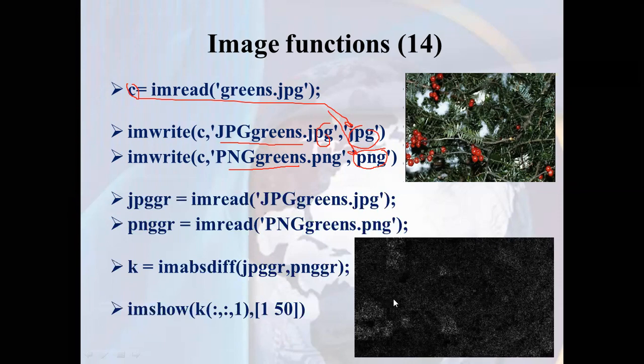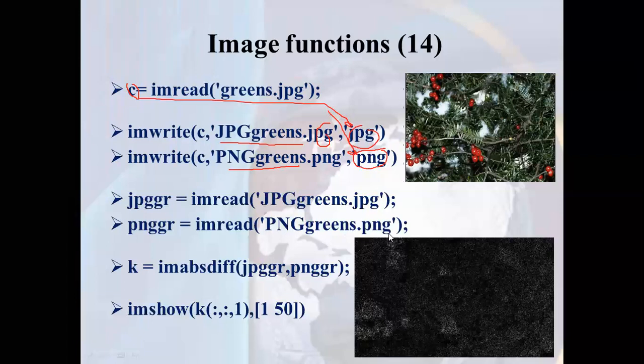But here we don't obtain a dark image. We obtain values. We have the black, we have the gray. Of course, the scale is between 1 and 50, so we obtain values here in white. So we have elements that are different from 0, which means that the PNG has changed the values of C. C is the same as in JPEG, but by saving it as type PNG, the values have changed.